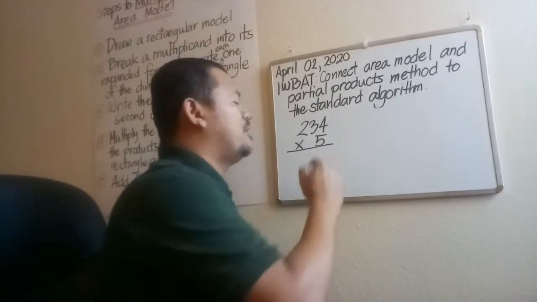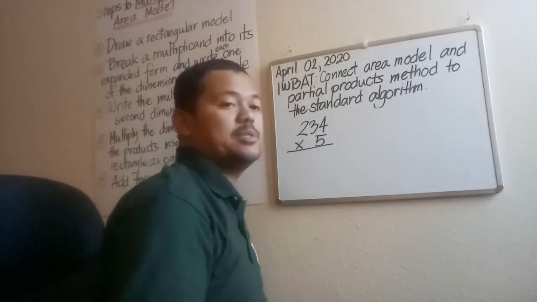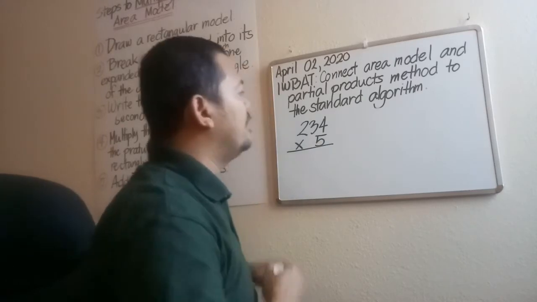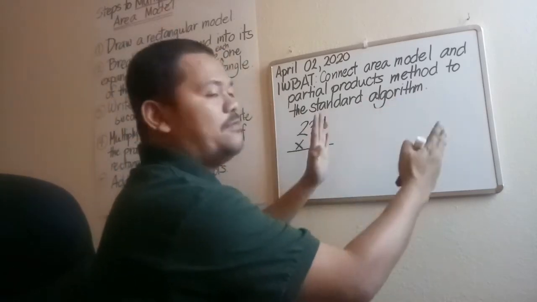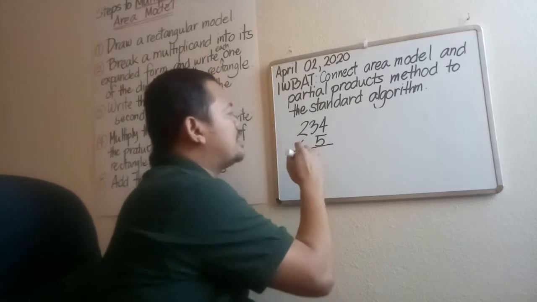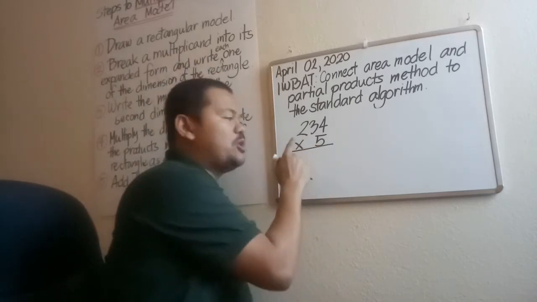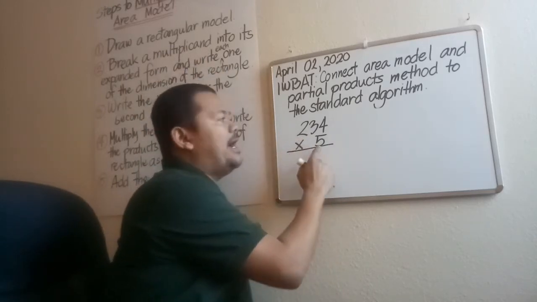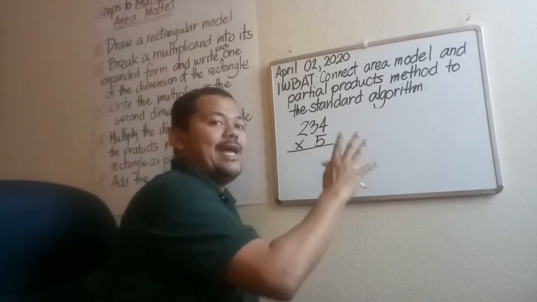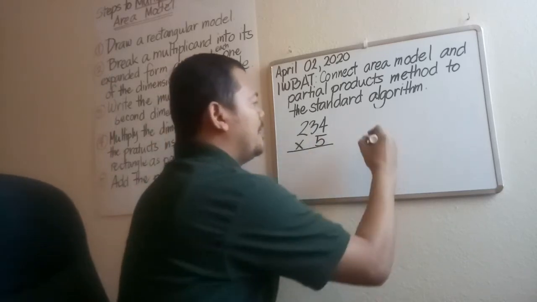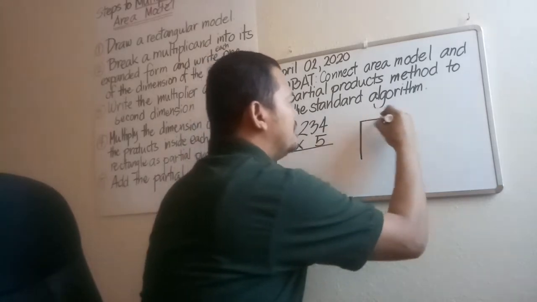Now about your partial products and area model. So this time we are going to focus more on area model first. Okay, so when we're solving this kind of problem, we say 234 times 5. We are going to express and answer this using area model.